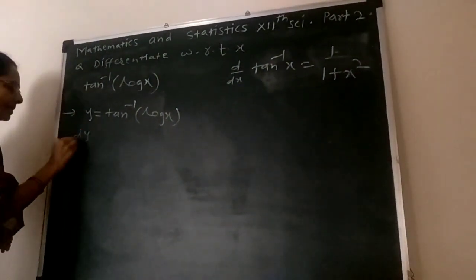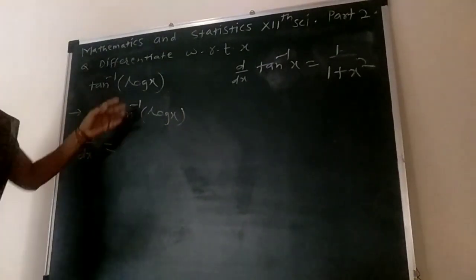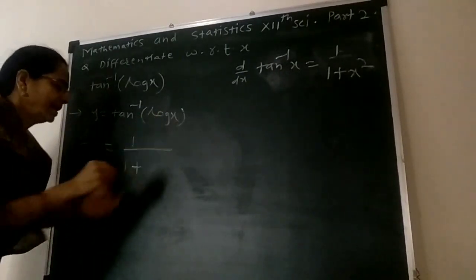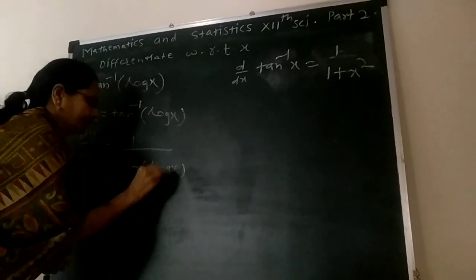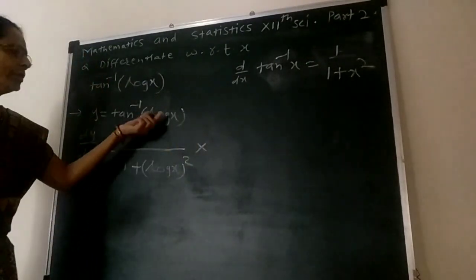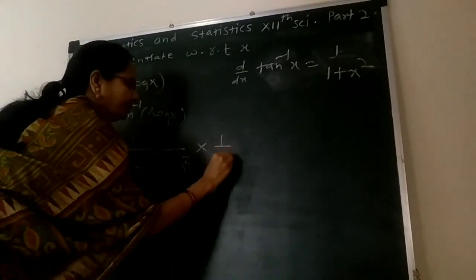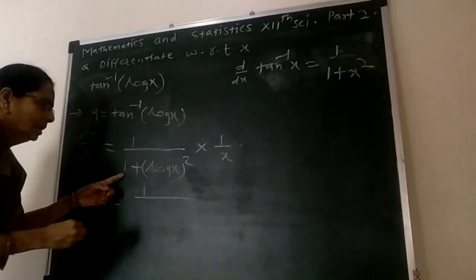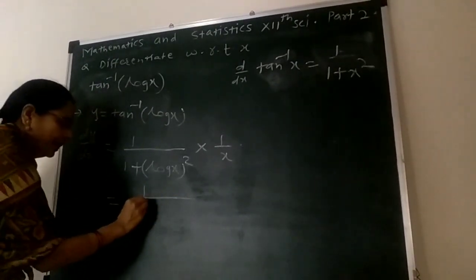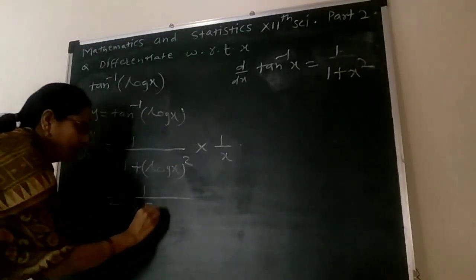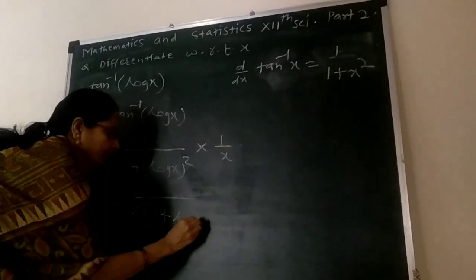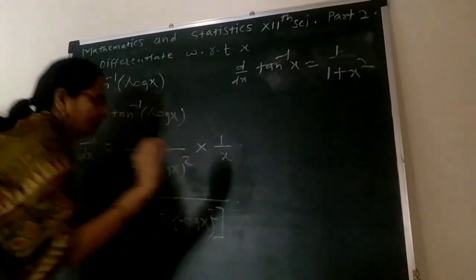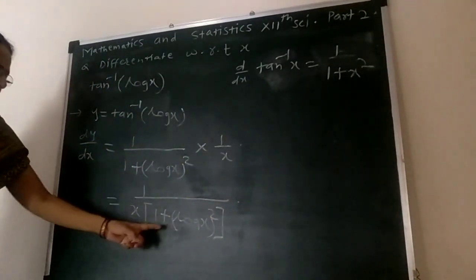So dy by dx is 1 upon 1 plus (log x) square, and the derivative of log x is 1 upon x, which is equal to 1 upon x times (1 plus (log x) square).